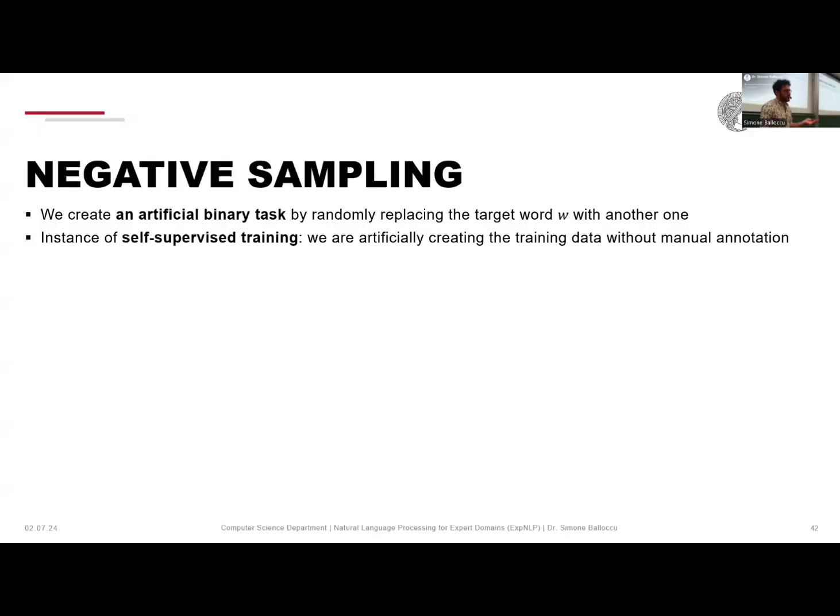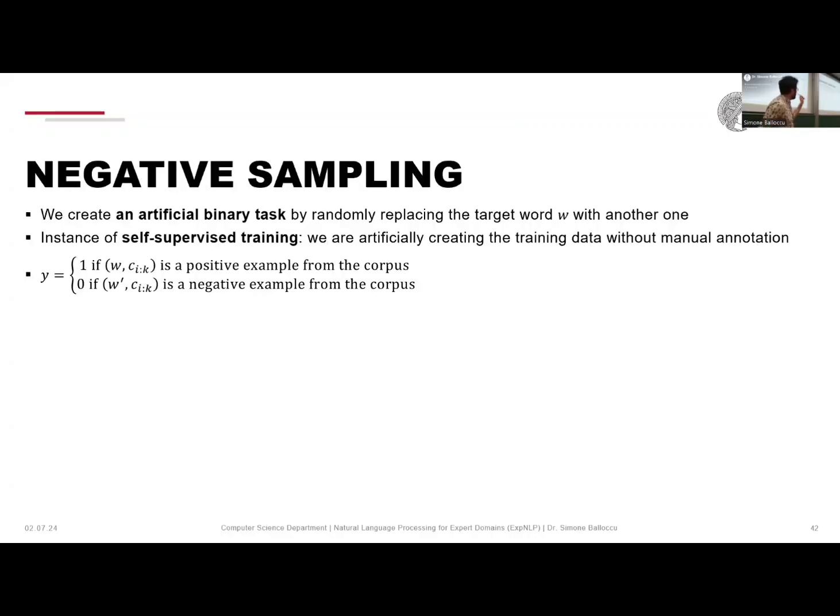This is also self-supervised training. We don't need to annotate anything. And the task is defined like this. The output is 1 if (w, c_1:K) is a positive example, and 0 otherwise. What is a positive and negative example? Well, we take a context, for example, "deep learning for NLP course". We swap the target word.